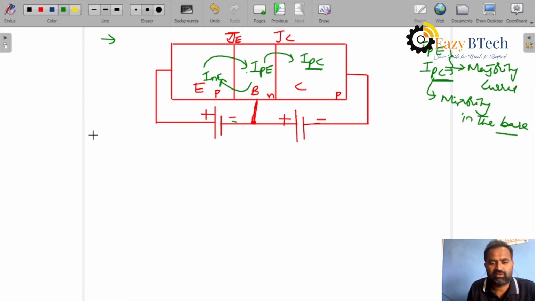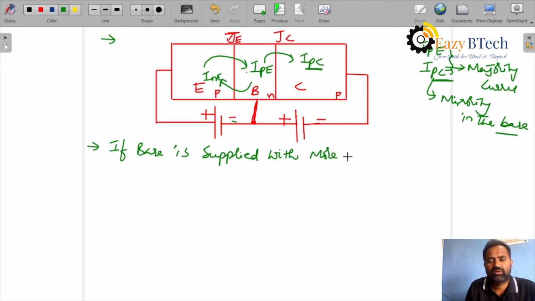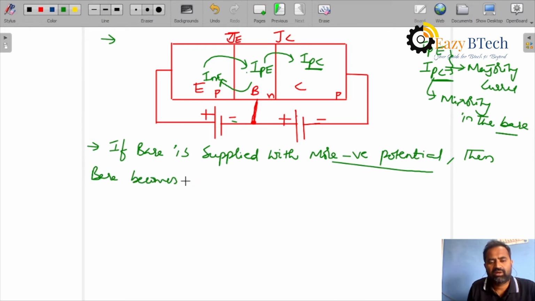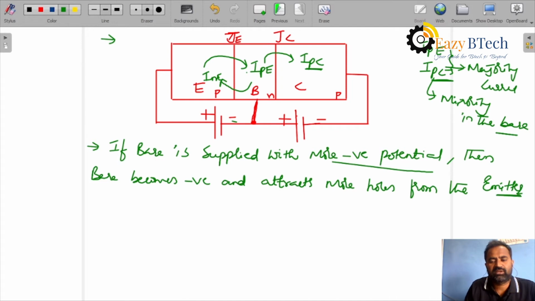Now, if the base is supplied with more negative potential, then the base becomes negative and attracts more holes from the emitter region.